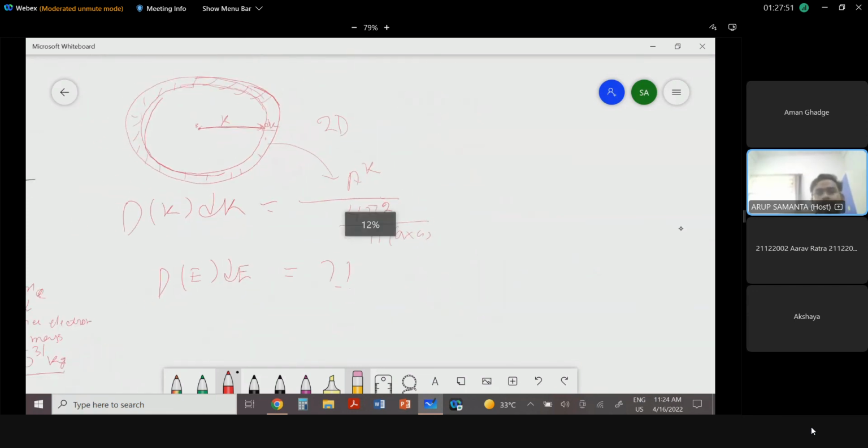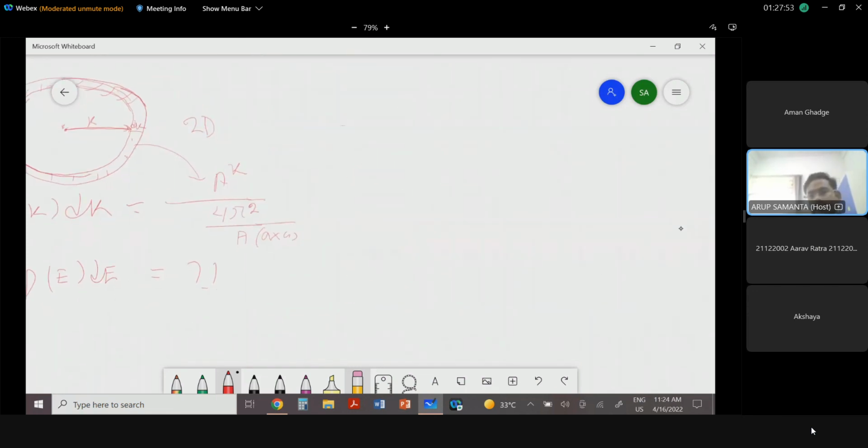The second homework is for a linear chain. This is the origin you consider, and this distance you consider K, and this one is dK. So calculate this dE in the same way.